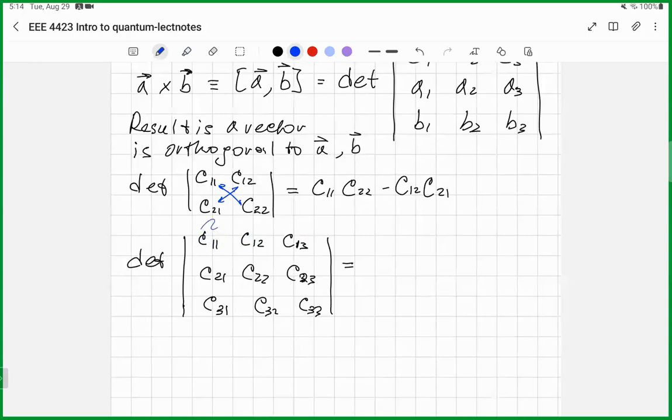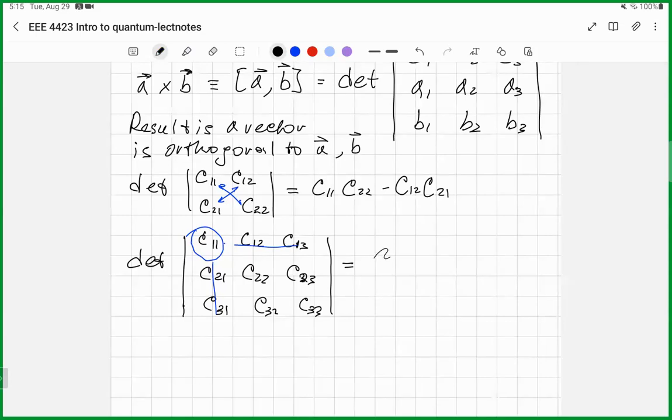For the first element in this row, the element 1, 1, we cross out the corresponding row and column, and as a result we obtain this submatrix C22, C23, C32, C33. This is called a minor.